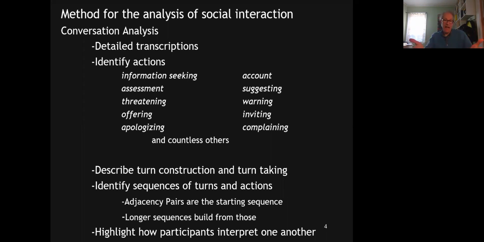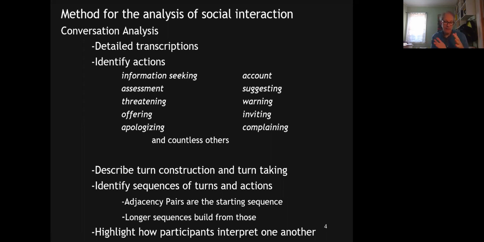If you say in line 3, this person's doing an apology, sometimes describing the turn construction will help you make the case that yes, indeed, it is an apology.